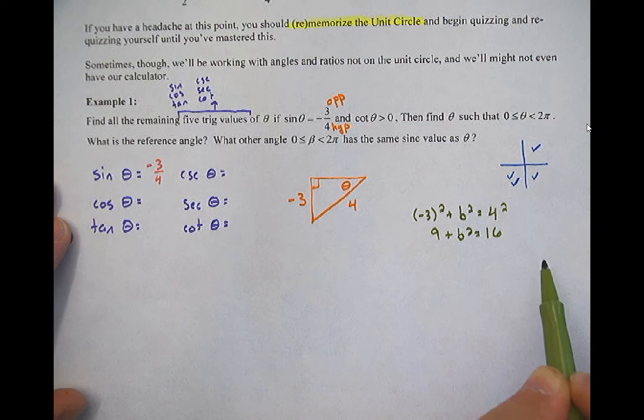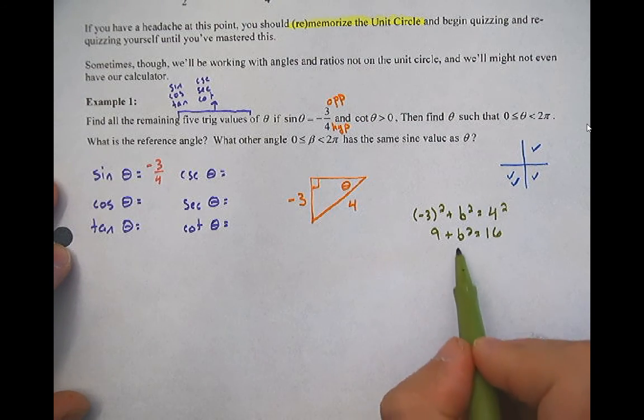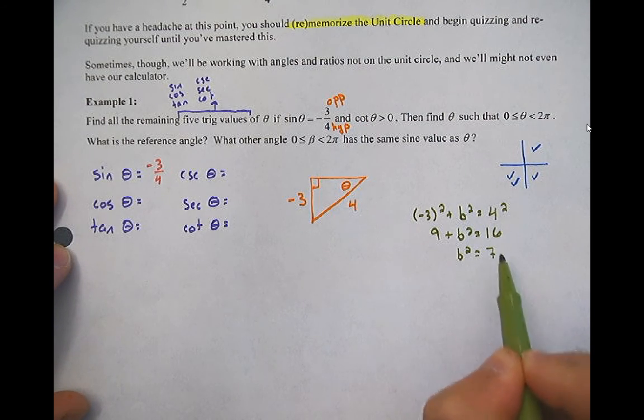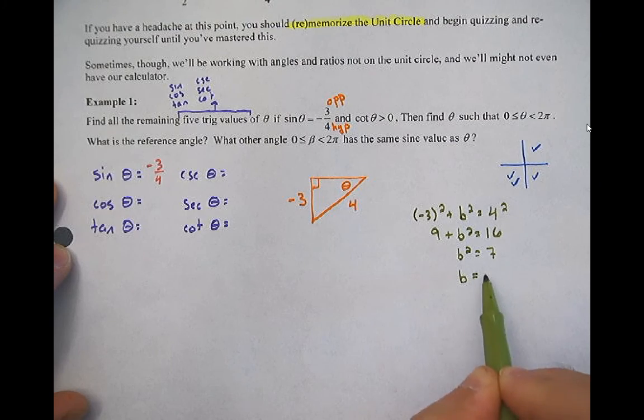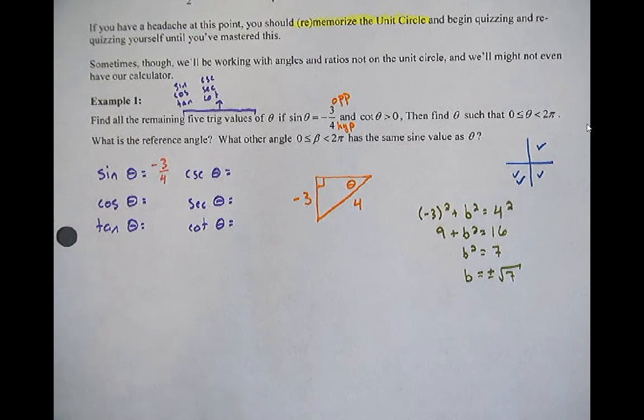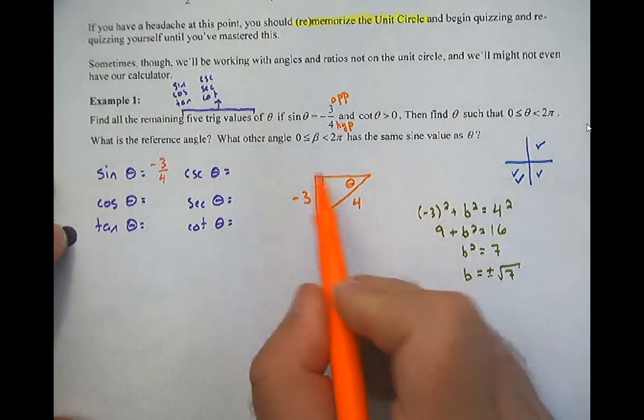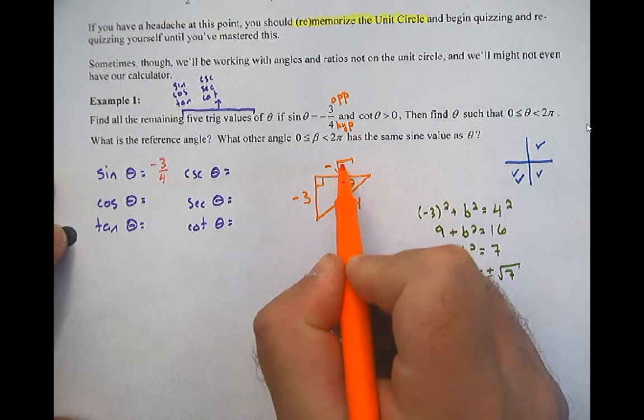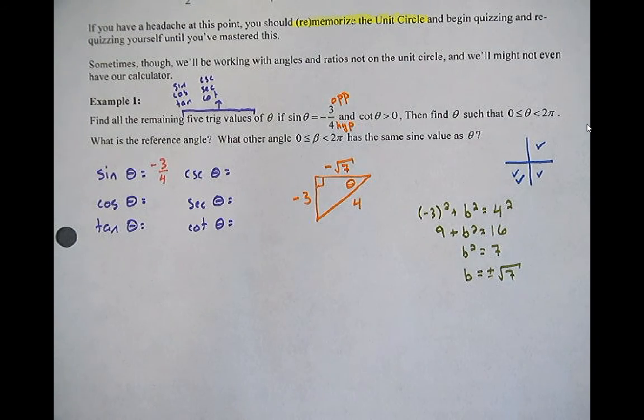That's 16. Subtract 9, you would get 7. Square root, you would get b equals plus or minus the square root of 7. You want to include that plus or minus because you have to pick is it positive or is it negative. In this case, because this goes backwards, I know that this is negative square root of 7.